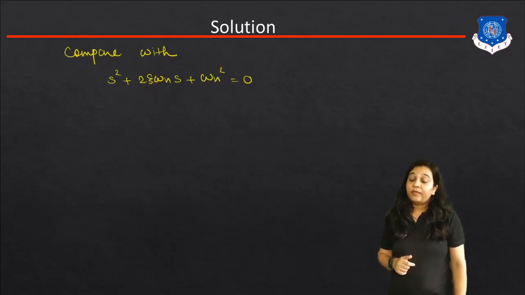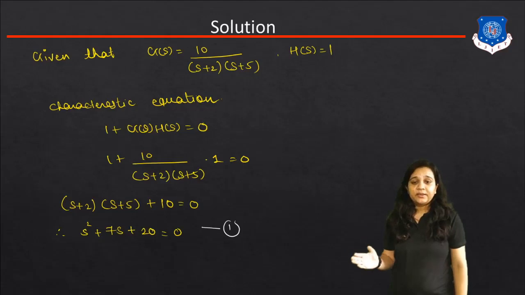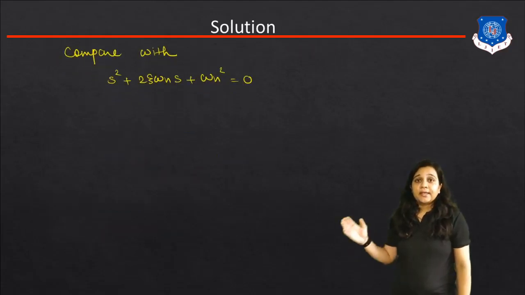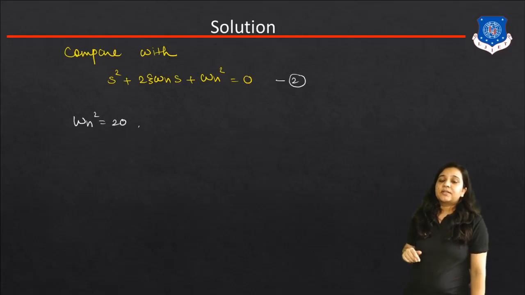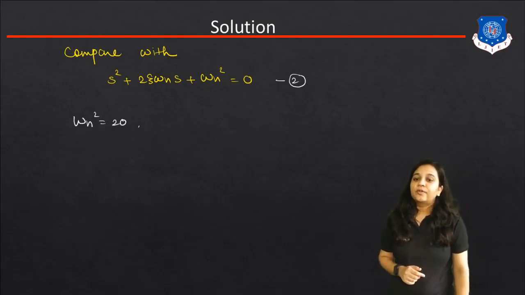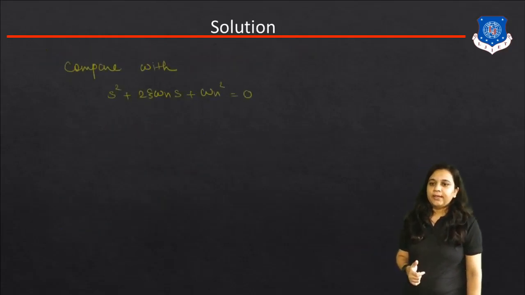Now, we compare equation number 1 with the second order standard equation, which is s square plus 2 zeta omega n s plus omega n square is equal to 0. This is my equation number 2. Now compare equation number 1 and 2. We get omega n square is equal to 20.